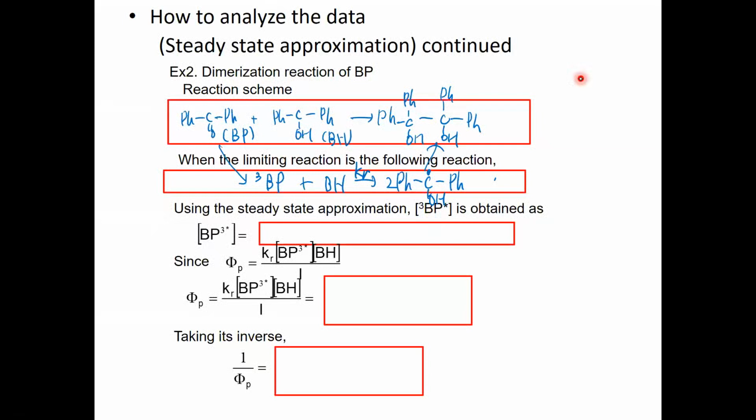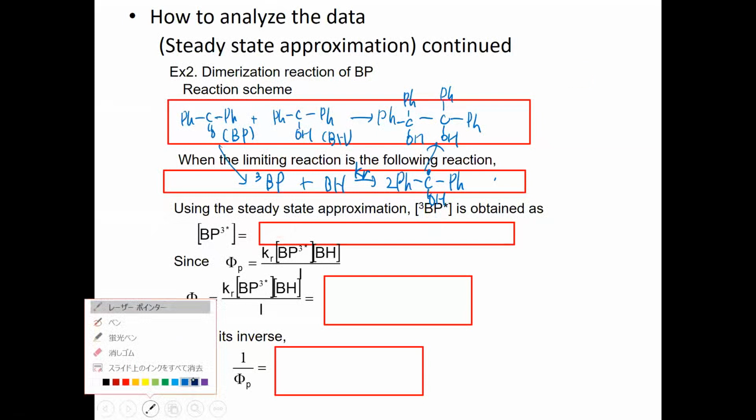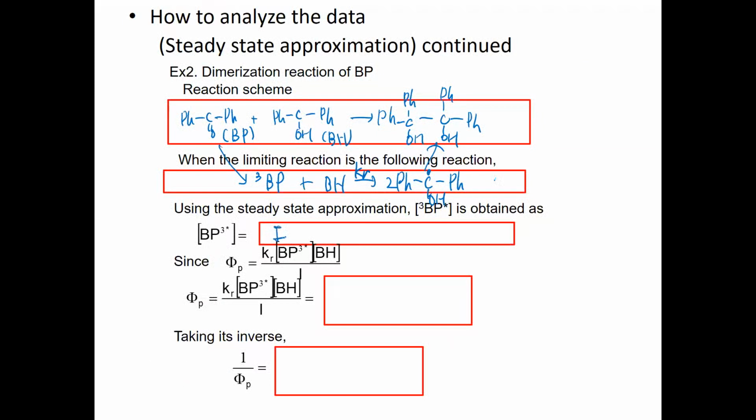as formation of BP3 is equal to I minus this, since the triplet state decays due to internal conversion, given by KD3, and phosphorescence, and the above reaction KR BH, right?